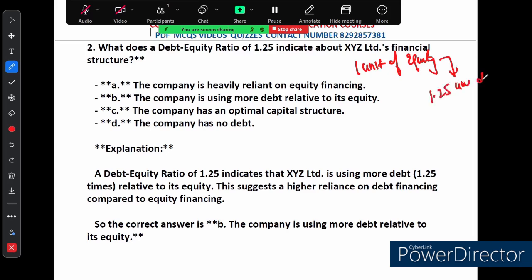In simpler terms, XYZ Limited is using more debt than equity to finance its operation. This is the key indicator that the company is relying heavily on borrowed funds.